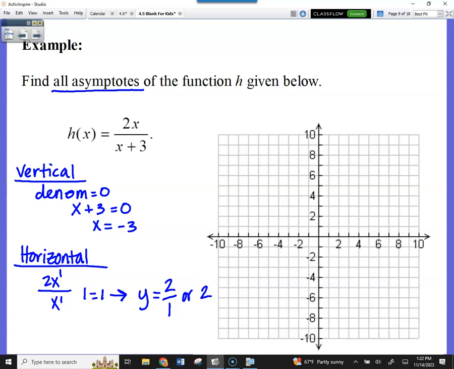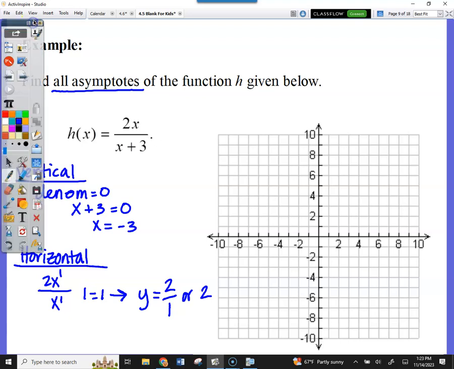So we have a vertical asymptote at -3. Watch your directions. Then we have a horizontal asymptote at 2. You can put it in the calculator. This is how I plot it real quick in my mind.